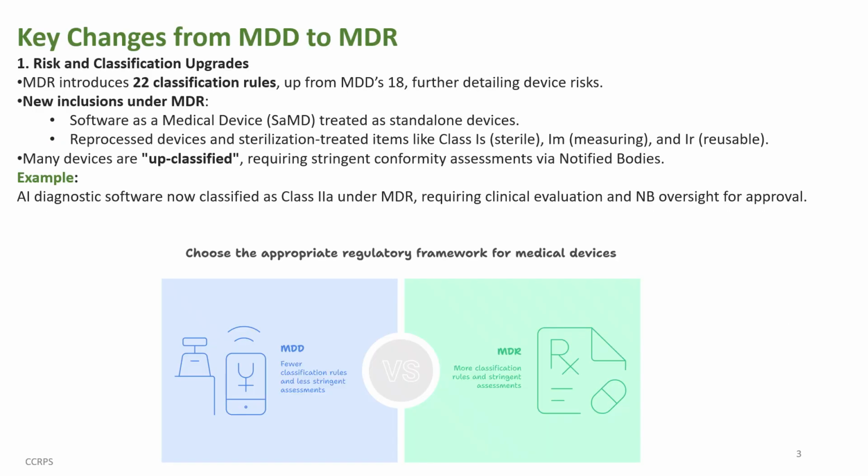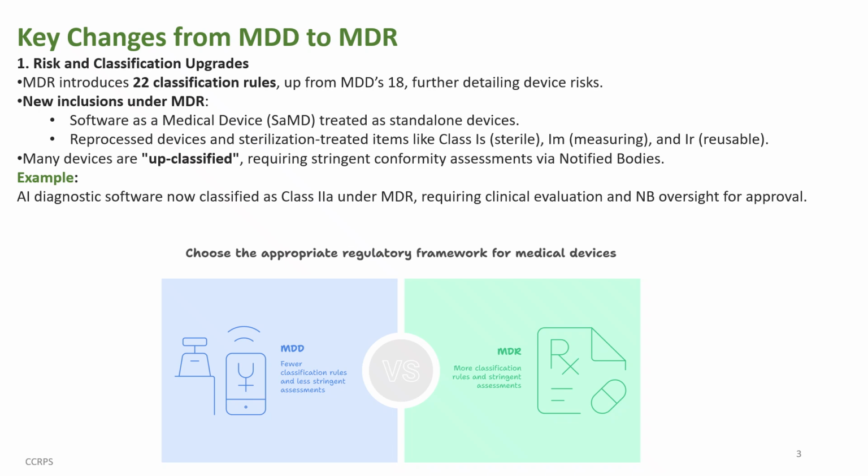Key changes from MDD to MDR: risk and classification upgrades. MDR introduces 22 classification rules, up from MDD's 18, further detailing device risks. New inclusions under MDR: software as a medical device, SaMD, treated as a standalone device.